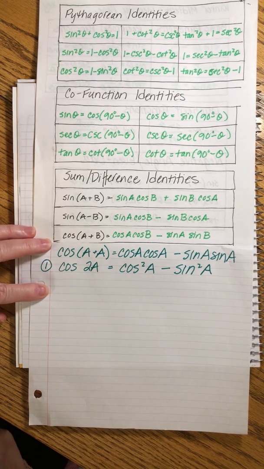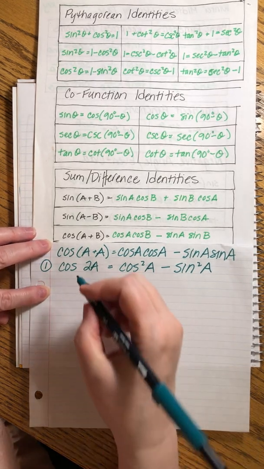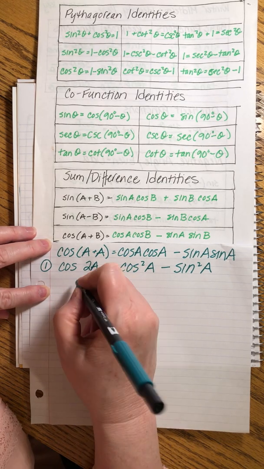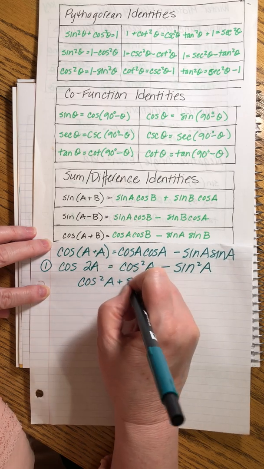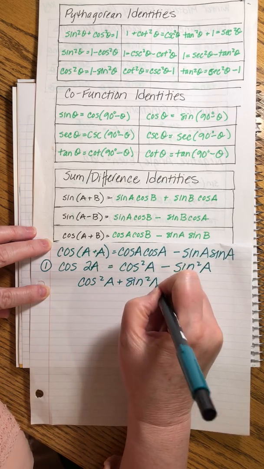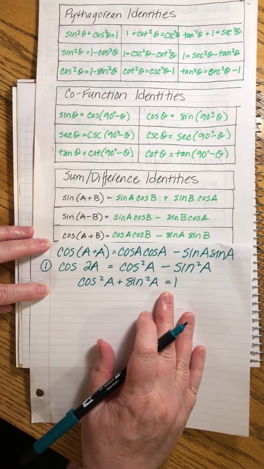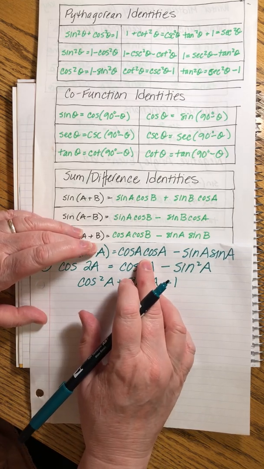Let's go ahead and derive the other 2 forms just to practice doing it. We remember that we're going to use this Pythagorean, and we're going to rearrange it and substitute it in here.